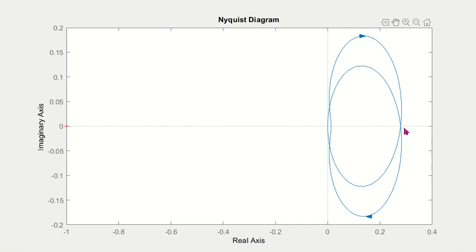The plot starts at this point, moves in the clockwise direction along this figure, and then along the arrows in this manner. So this is the required Nyquist plot of the given transfer function.